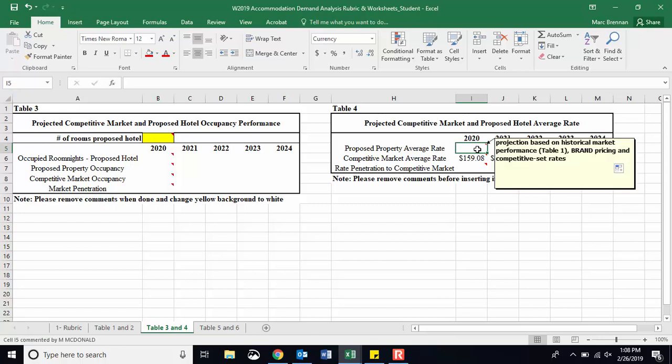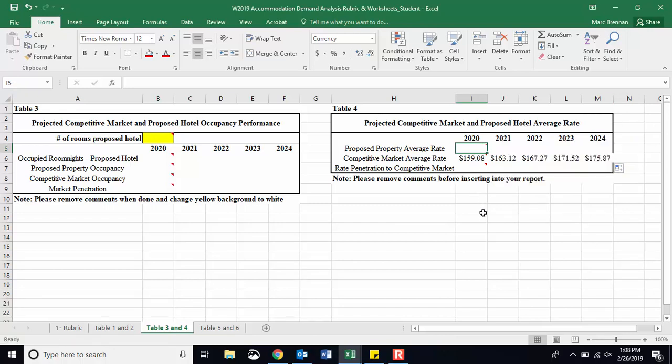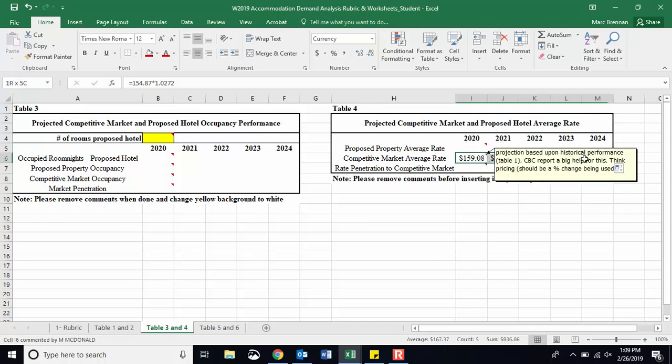So maybe you'll say we're going to be right in the middle of this based on the brand or type of hotel we have. Maybe you'll be a bit below the average to begin with, but then trend upward and be right at the average by 2024, because you think it'll take a while to get that type of rate. There are a number of things you could say, but this should be what you use as your baseline, what you compare yourself to.